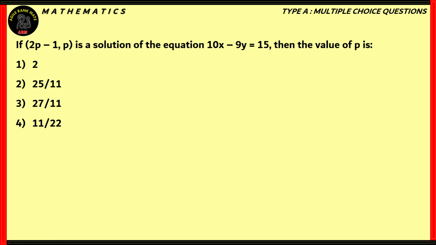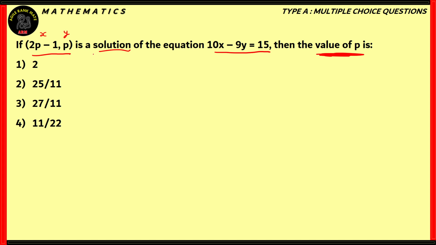Now, let's move on to another question. If (2p minus 1, p), x-coordinate, y-coordinate, is a solution of the equation 10x minus 9y equals 15, then you need to find out the value of p. Is it 2, 25 over 11, 27 over 11, 11 over 22?